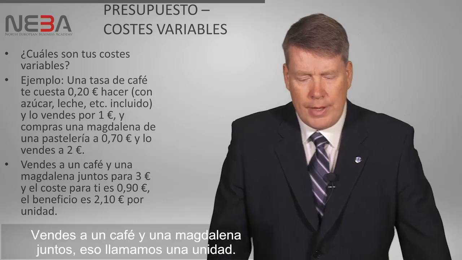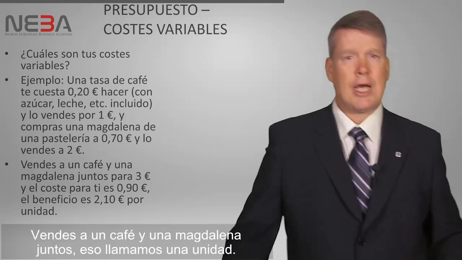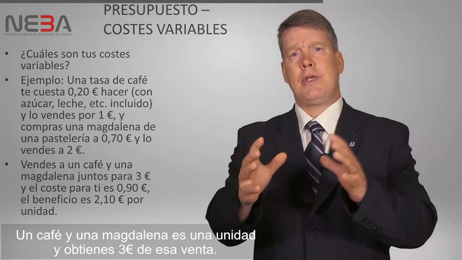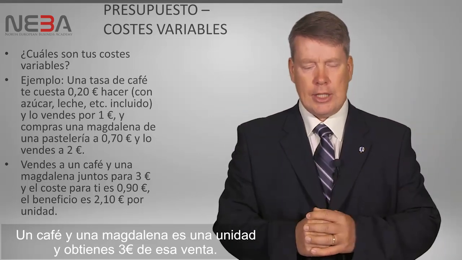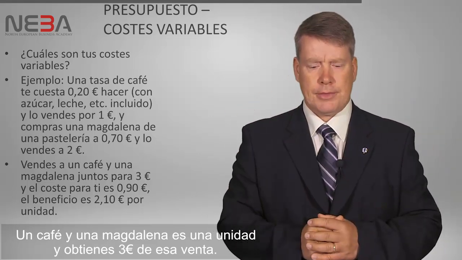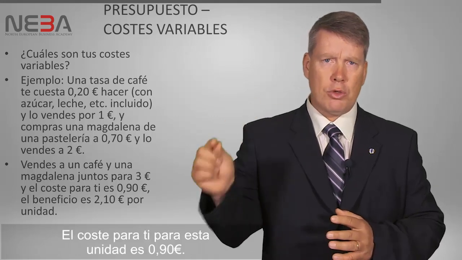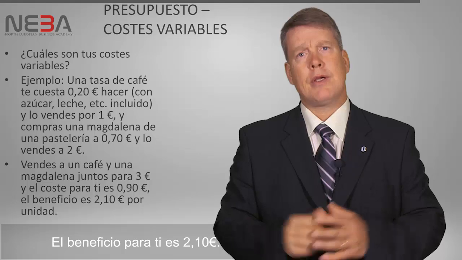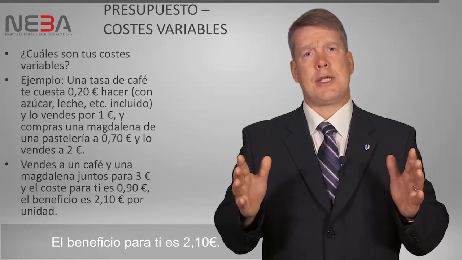You sell 1 coffee and 1 muffin together and we call that a unit. 1 cup of coffee, 1 muffin, it's 1 unit. And you get 3 euros out of that. The cost for that unit for you is 90 cents. The profit will be 2 euros 10 cents for you.